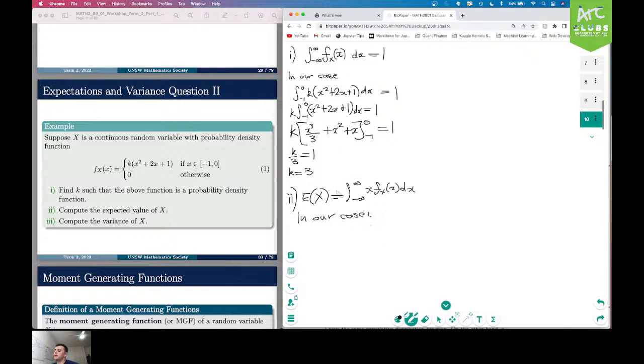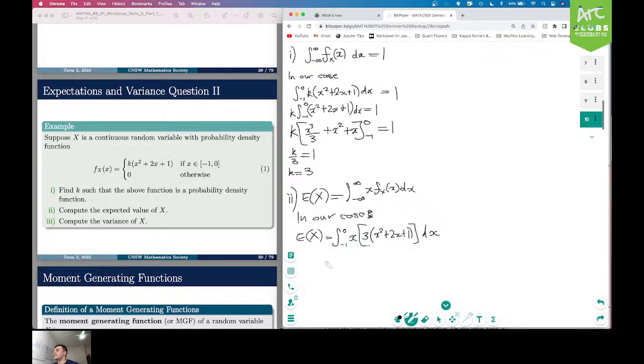And what we're going to get here is that the expectation of x is equal to the integral over our entire support, which is just that for us, of x times your density function. So our density function was k, which we know is 3 now, times x squared plus 2x plus 1, like that, dx, of course.